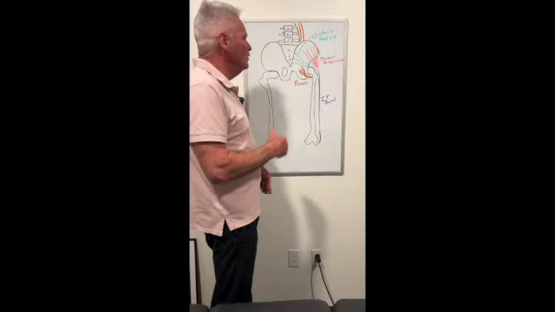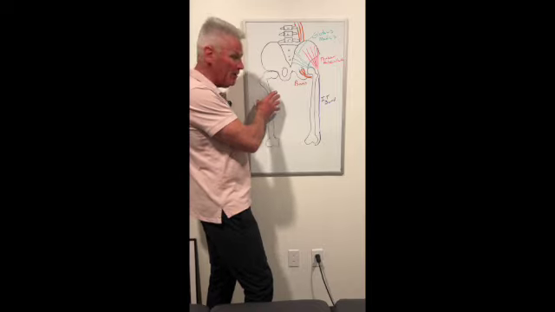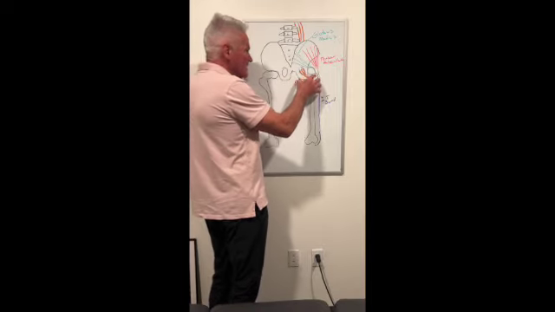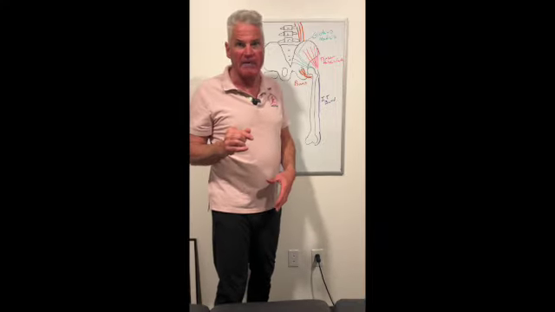So what we need to do is make sure that on this side, the original problem is corrected. Then we can start focusing on this. We'll start doing some lacrosse ball massage on that.